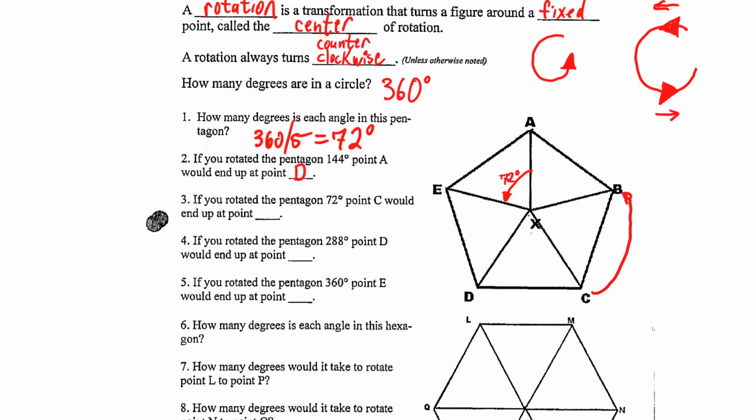A 72 degree rotation would put it right there at point B. If we start at point D and we rotate 288 degrees, it's going to put us at point E, nearly all the way back. And on the last one here, if we started at point E and you rotate 360 degrees, it's going to put it back to where it started, back to point E.